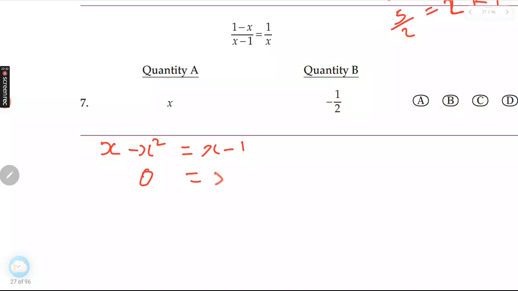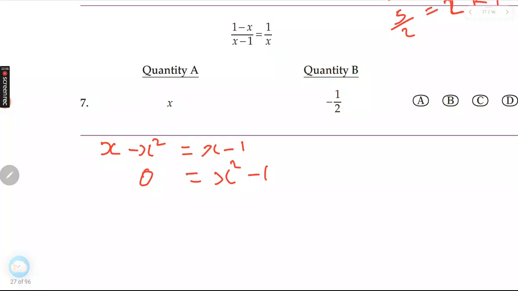So s moves and becomes s squared. If this other one moves, if s minus s is 0, then we have minus 1. So this is s squared minus 1 equals 0.